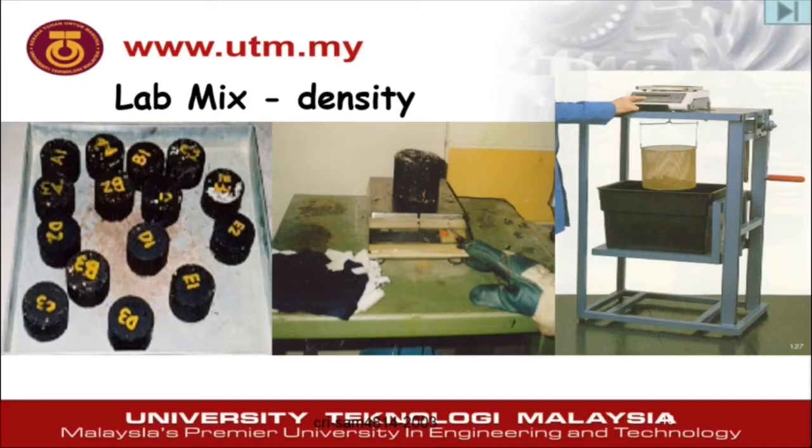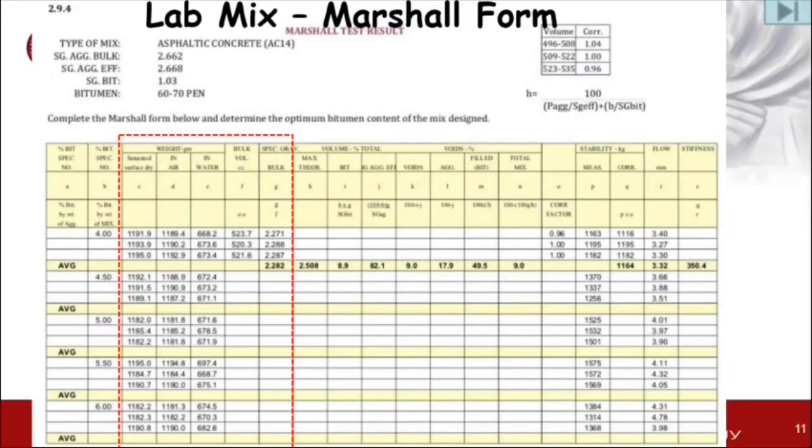Then, as referred to the Marshall form, the data is filled in columns C, D, and E. And this data is used to calculate the density or specific gravity for the compacted sample as specified in columns F and G.